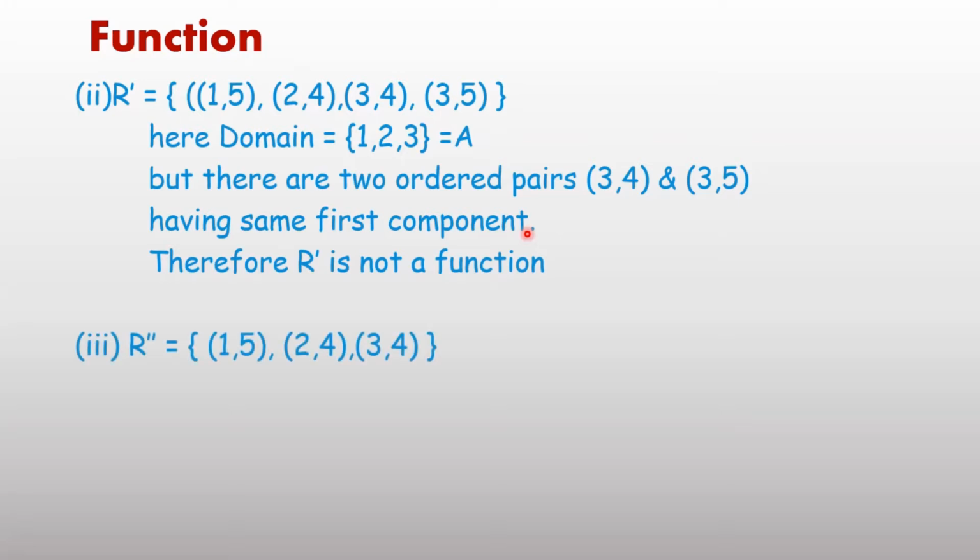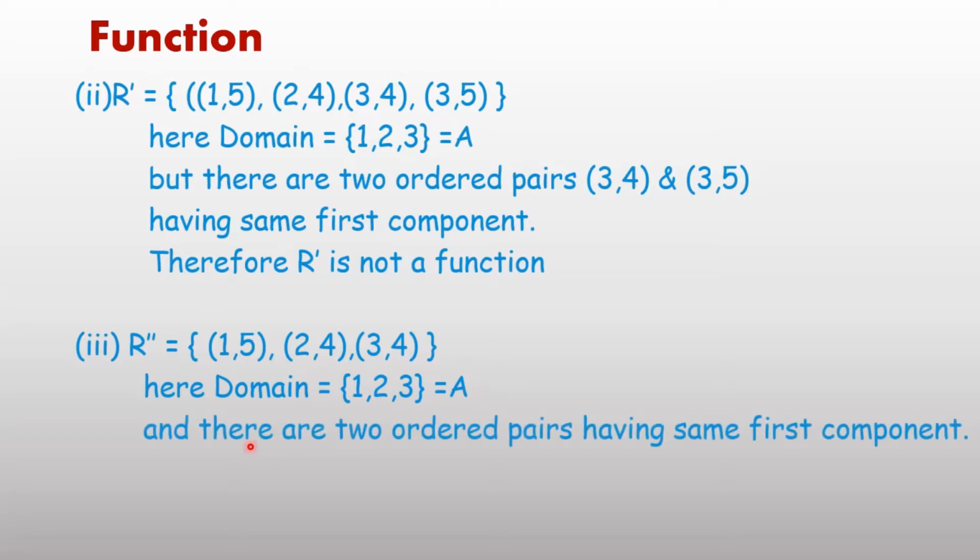Now third example, again it is a relation, {(1, 5), (2, 4), (3, 4)}. It is a subset of A cross B, means relation. Domain {1, 2, 3} is equal to set A, satisfied. And also you can observe there are no two ordered pairs having the same first element.